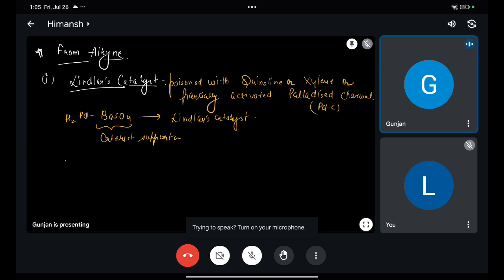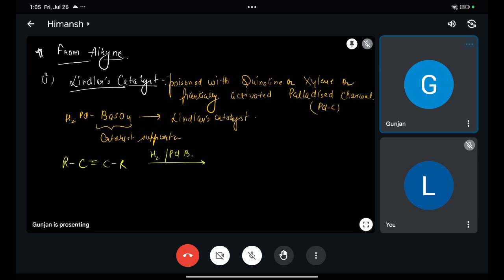So we have an alkyne, like this. We supply to it H2, Pd, BaSO4, sulfur or quinoline, and we get a cis alkene. That is very important.